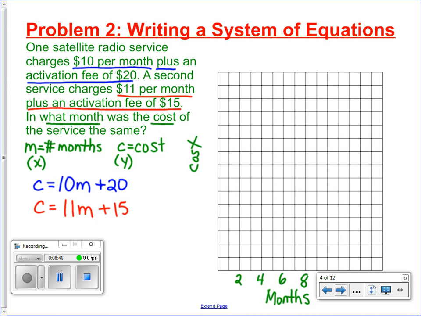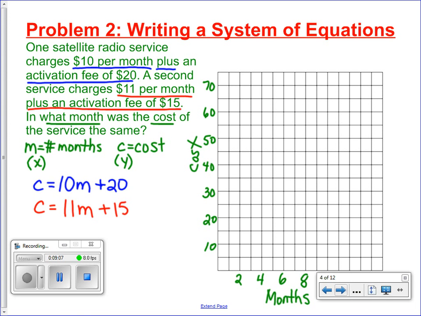So I think I'm going to let every square represent $5. So I'll label this 10, 20, 30, 40, 50, 60, and 70. All right, hopefully that will be far enough.